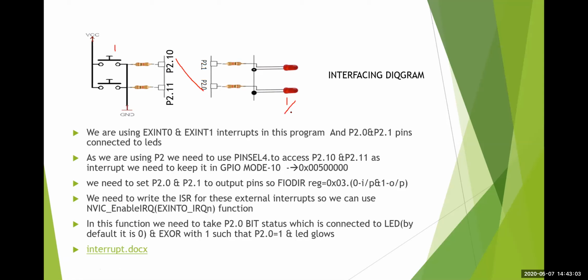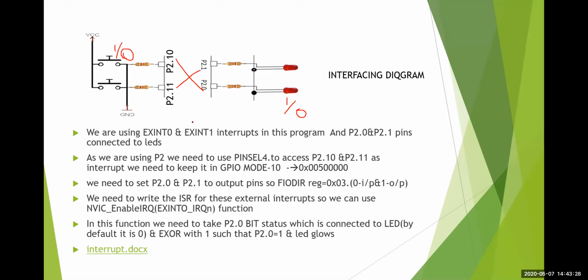Or else if the switch is not pressed, it will be 0, so P2.10 will be 0. So none of the interrupts is enabled, this particular bit will be 0 and the LED will be off. Similarly, if this interrupt is generated, this LED will glow. If this interrupt is not generated, the status of this LED will be 0.